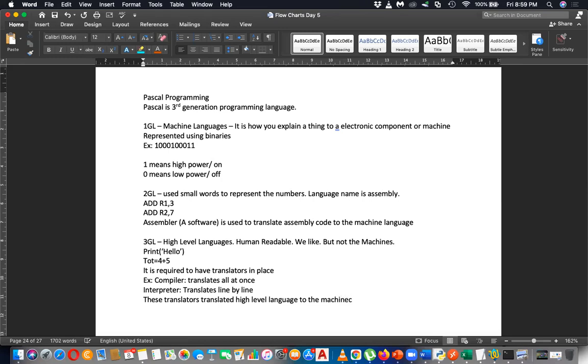Actually, I had not planned to give this note, but I assumed that you know 3GL. I found that you don't know anything about 3GL. That's why I explained 1GL, 2GL, and 3GL, all three. These translators translate high-level language to machine language, which means binaries. Right? Even today, machines can understand binaries.